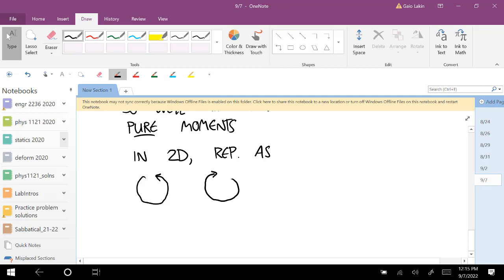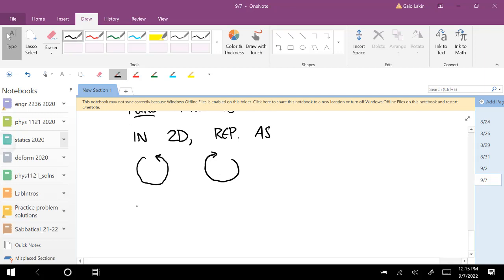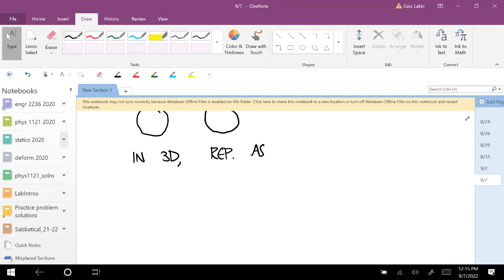Okay. And in 3D, we'll represent them as vectors, but with double heads on the arrows.